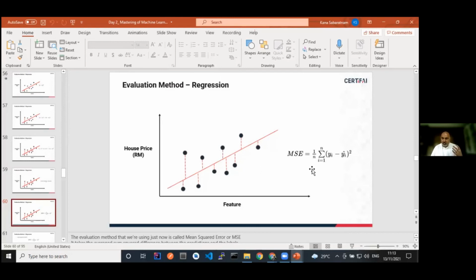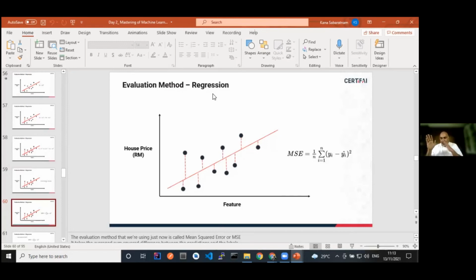We take the square because we do not care about the negative or positive sign. We don't care whether it's above or below. And we divide it by the number of samples, and then we will get a value. This value is called the evaluation method for regression.